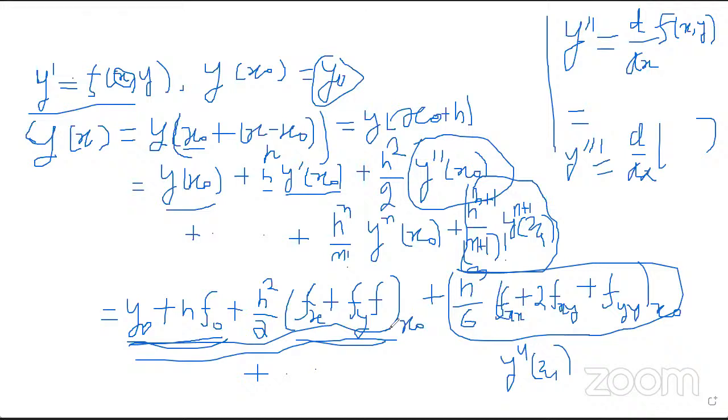Then of course we will have a better one. And if after keeping 3 terms we are still not getting the desired accuracy, we can take the fourth term. So it means that we can generate a method with desired accuracy based on Taylor's approach. Do you agree? Yes, sir.